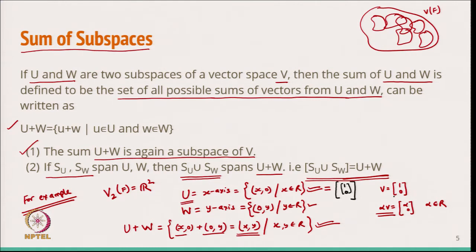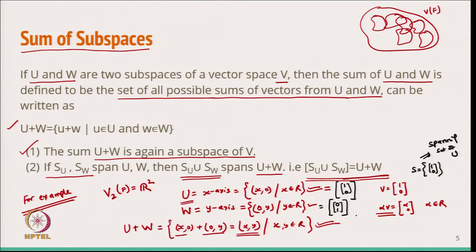From here I can say that if I take S as containing only this vector 1 0, then this is the spanning set of U. Similarly, I can write the spanning set of W by taking one vector and taking the span of it.